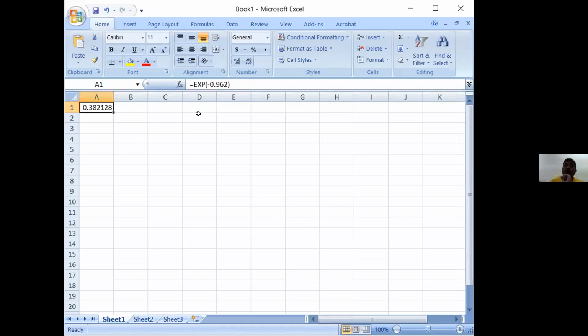E to the power minus 962. This is the value 0.382.